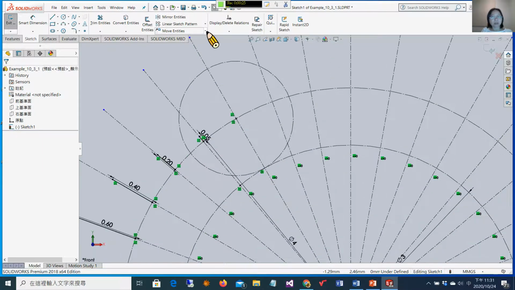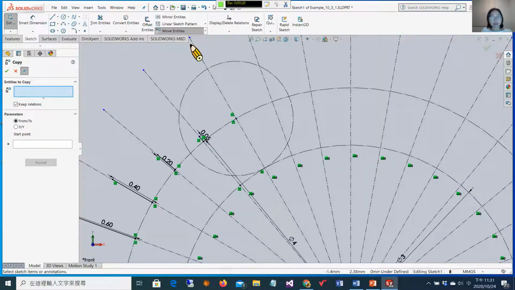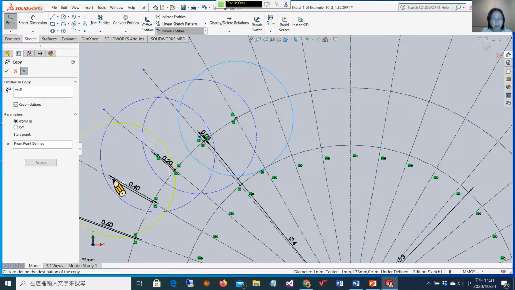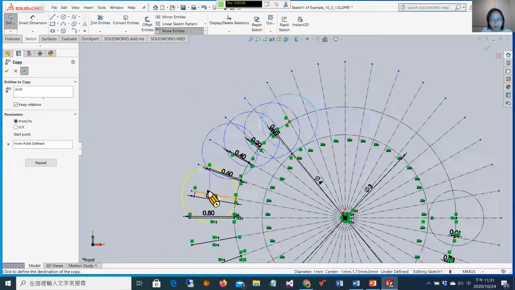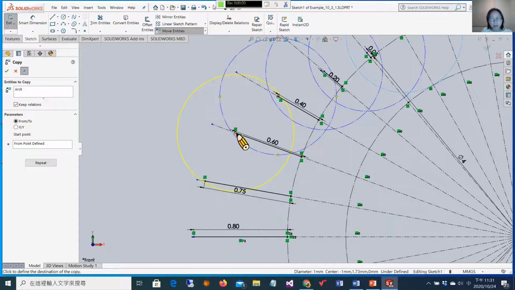I use the copy entity function to copy the circle, driven by its center, and go to the end point here, here, here, here.